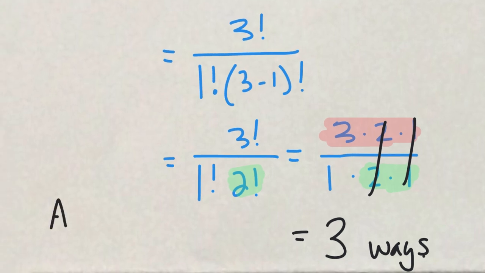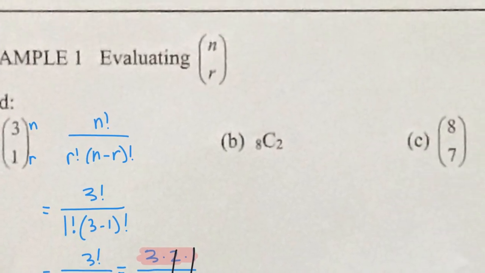If I had 3 items, A and B and C, I can either choose A, that's one way, I can choose B, that's 2 ways, or I can choose C. There's 3 ways that I could choose one item out of 3 things. That's what this means for a combination.